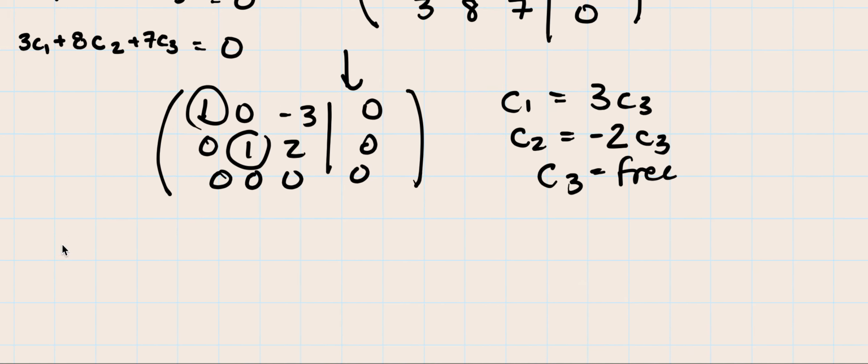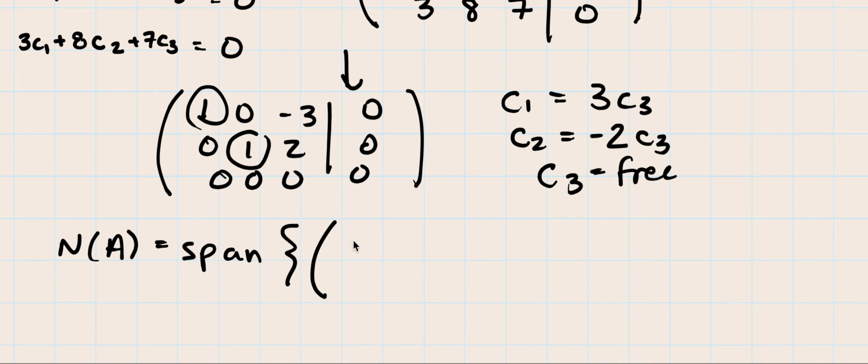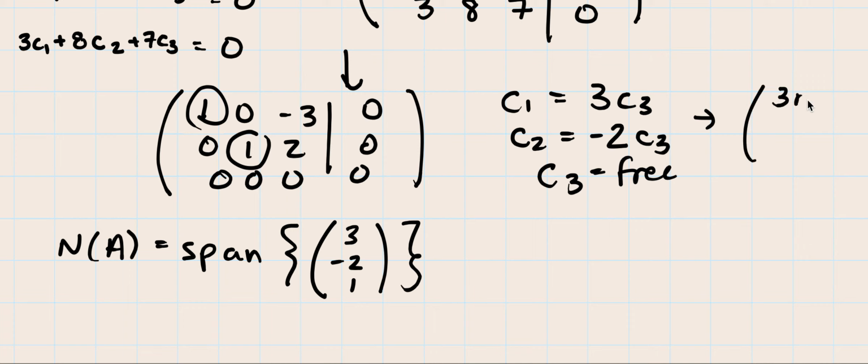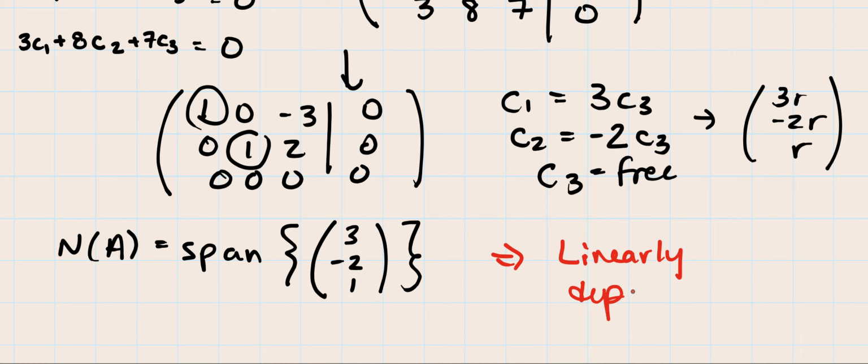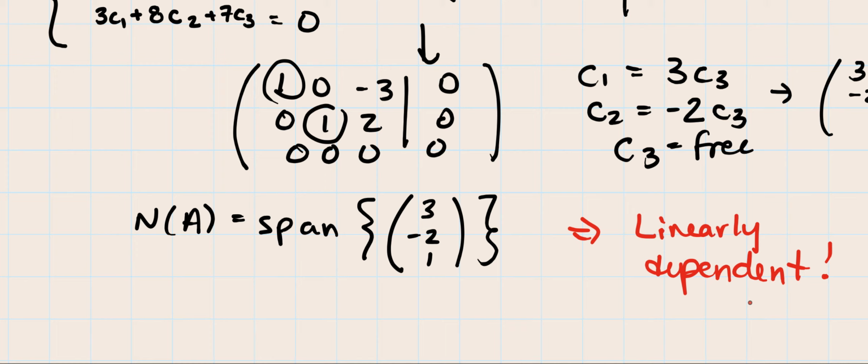And so the null space of this matrix is the span of the vector 3, negative 2, 1, because this is 3r, negative 2r, r. And you can see, because the null space is not 0, this implies they're linearly dependent, just by using the definition.